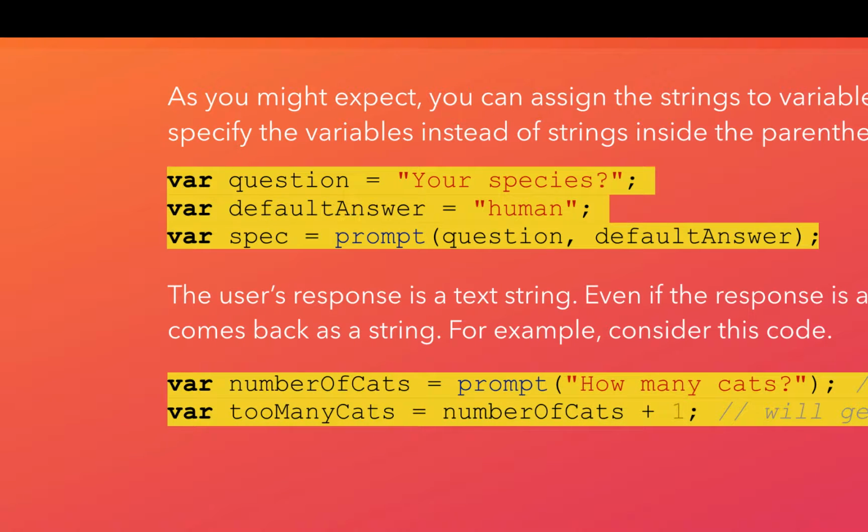But here's the problem. What happens if I ask how many cats do you want? And then you say 5. So if you enter 5 and then I want to always add one more cat for you, what do you think will happen when I try to add the result of the prompt, number of cats, plus 1?